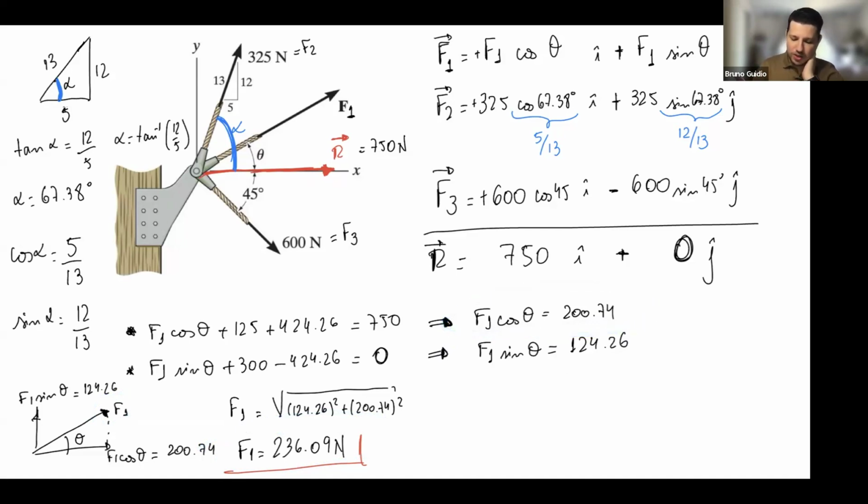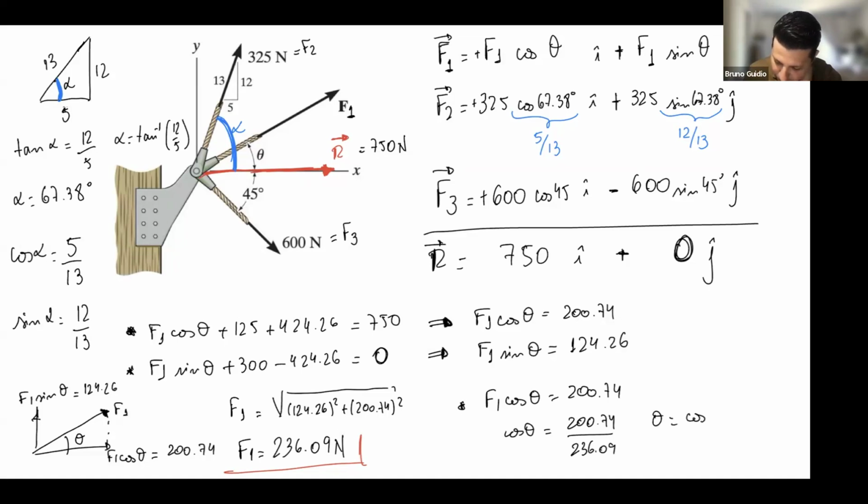Let me pick the first one. F1 cosine should be 274. Cosine of the angle should be 274 divided by 236.09.